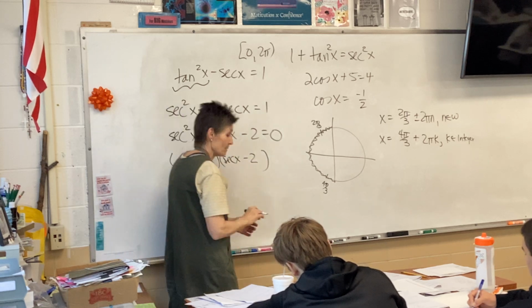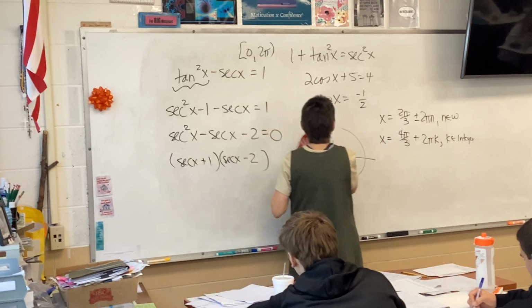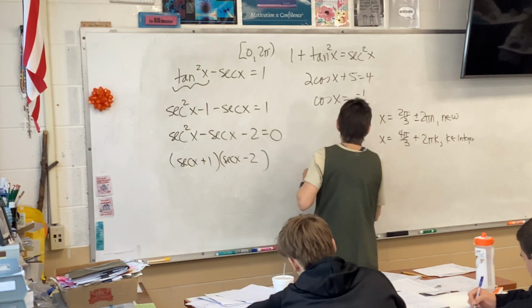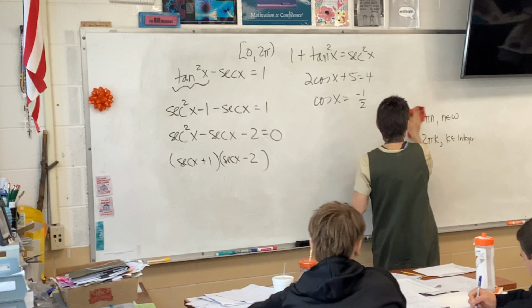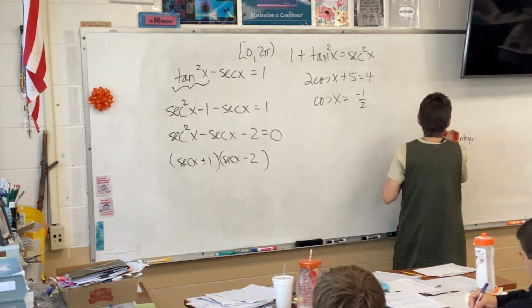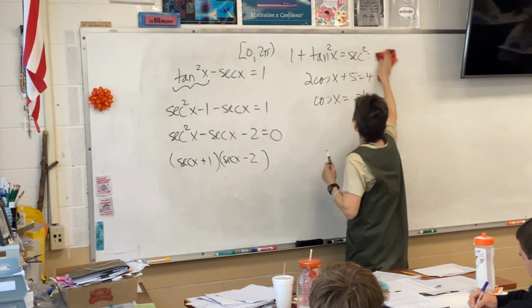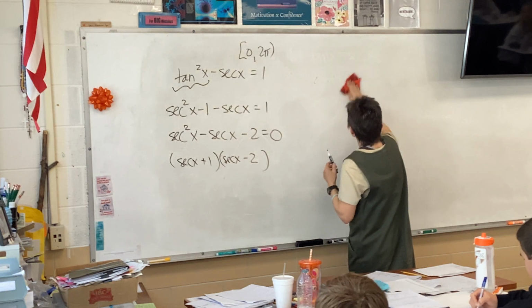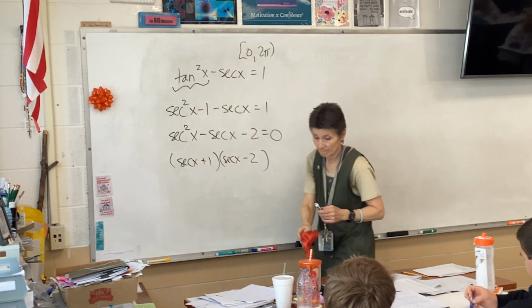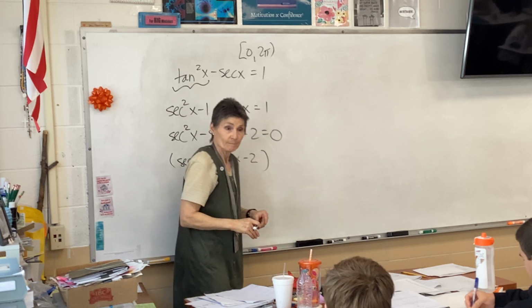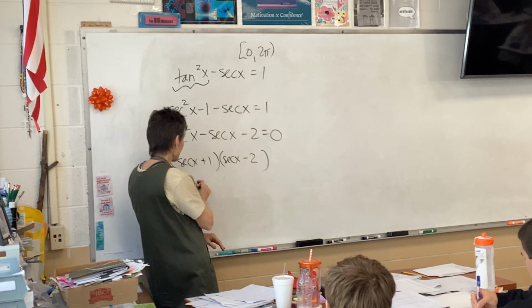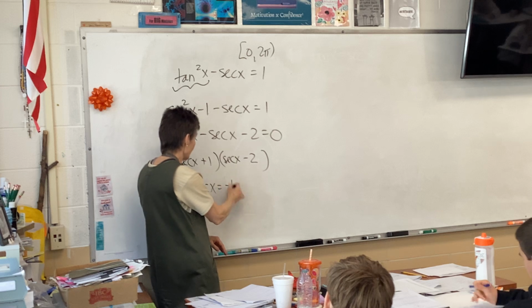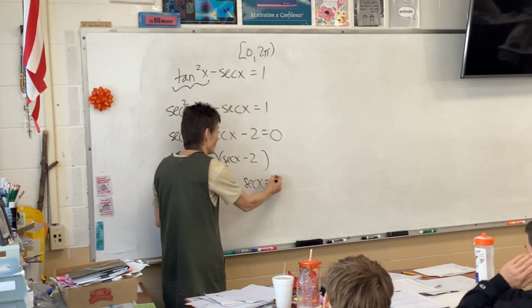I factored it right, to double check that, make sure. Does that look okay, factoring wise? Okay. So secant equals -1 or secant equals 2.